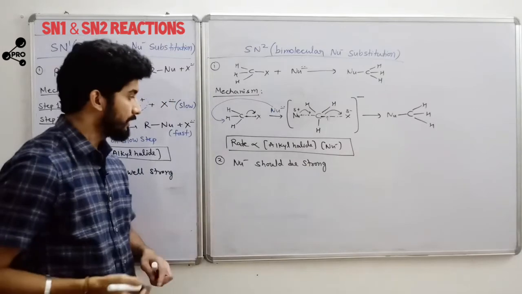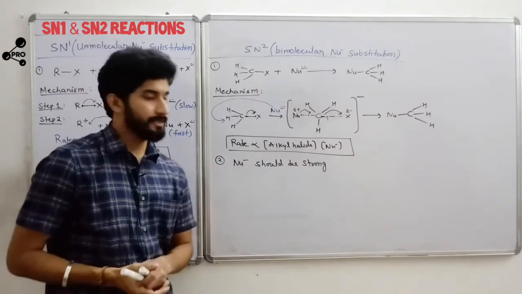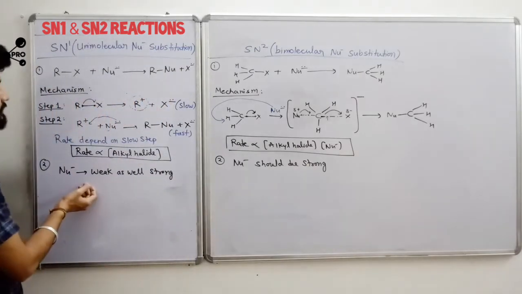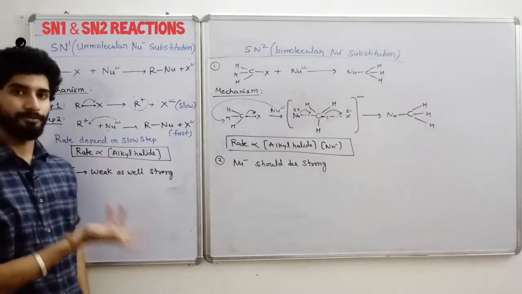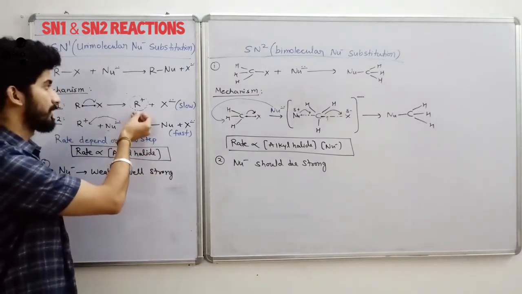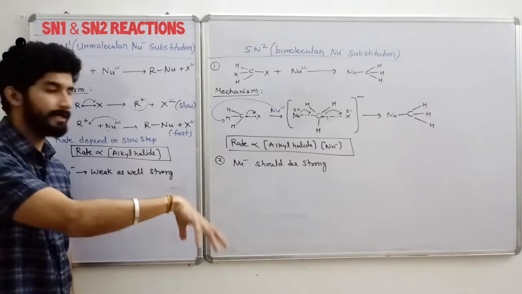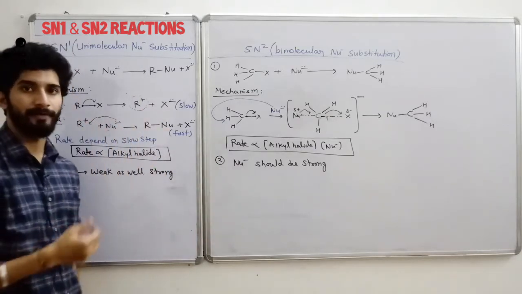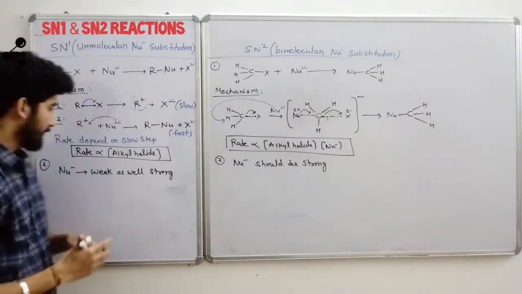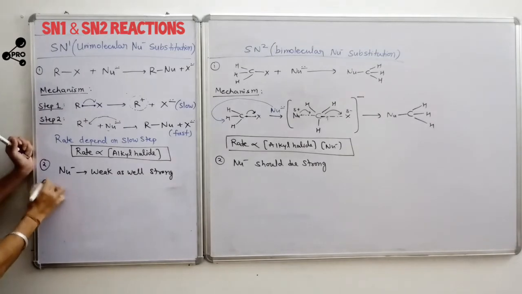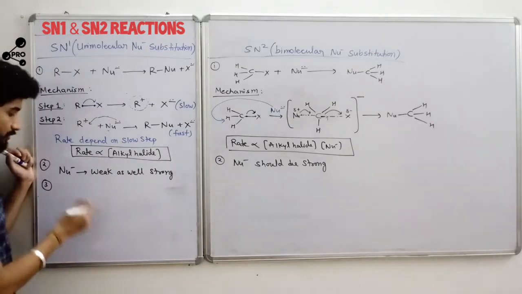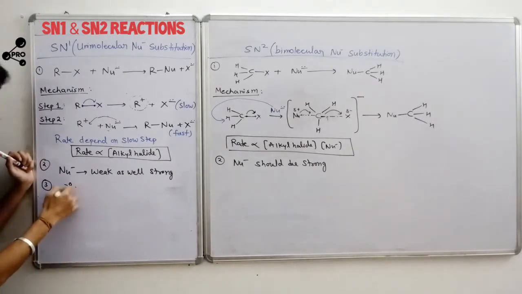These types of nucleophile will undergo this reaction. While in the SN1 mechanism you can use any nucleophile, because the carbocation is forming, then you attack with the nucleophile. Clear?